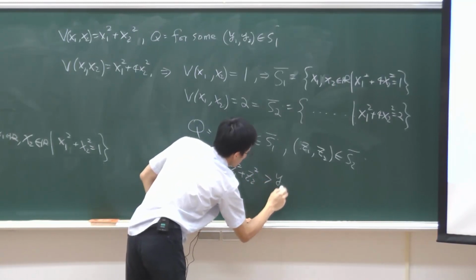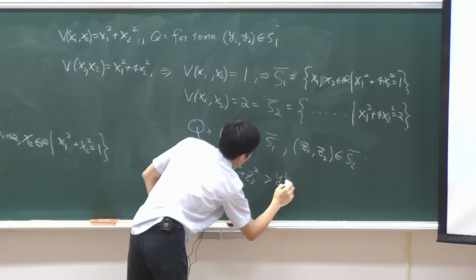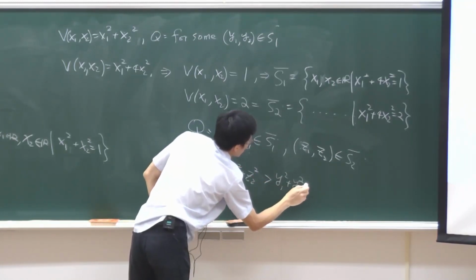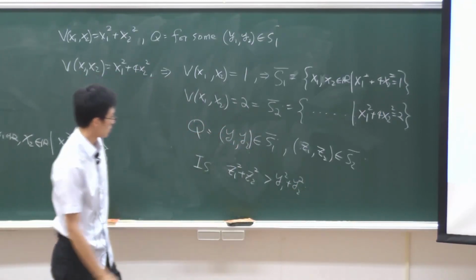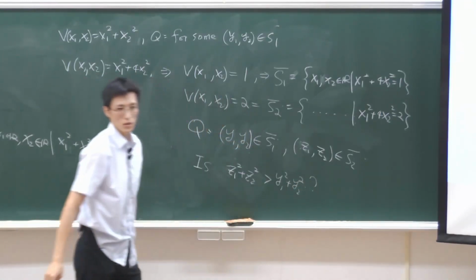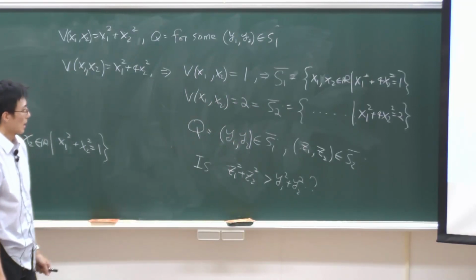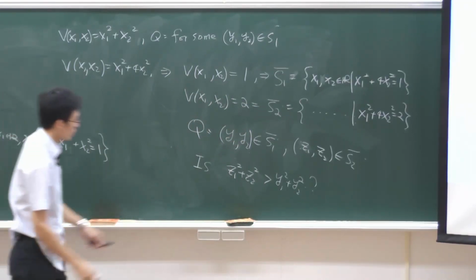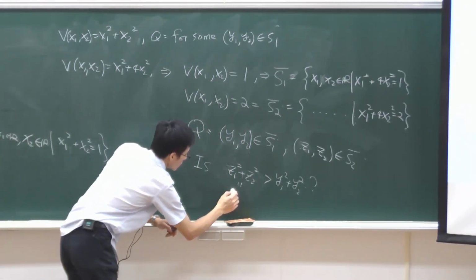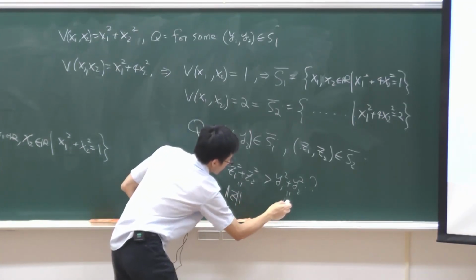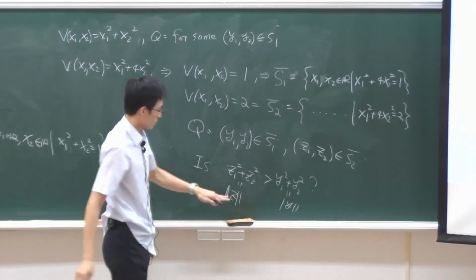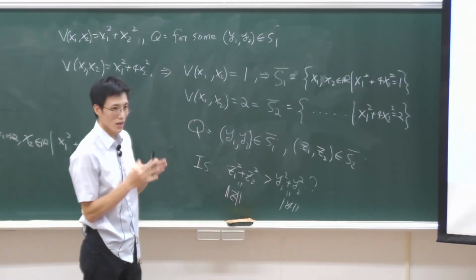this is greater than y1 squared. Is this true? This is equal to the norm of z, and this is equal to the norm of y. Y and z are some states.